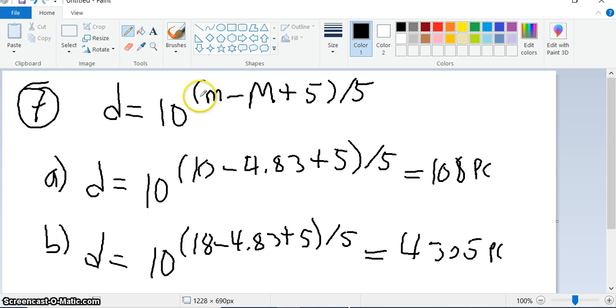You do what's in parentheses first: the apparent magnitude, that's the little m, minus the absolute magnitude, that's the big M, plus 5. Then you divide by 5, and take that answer, and it's 10 raised to that power.